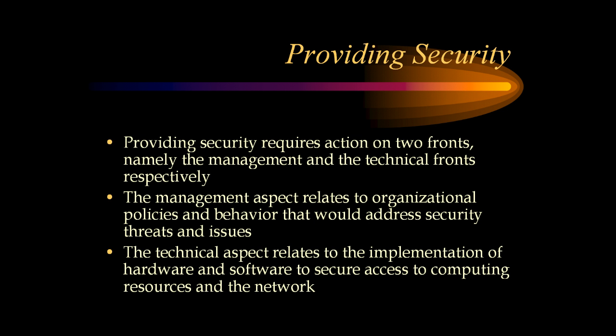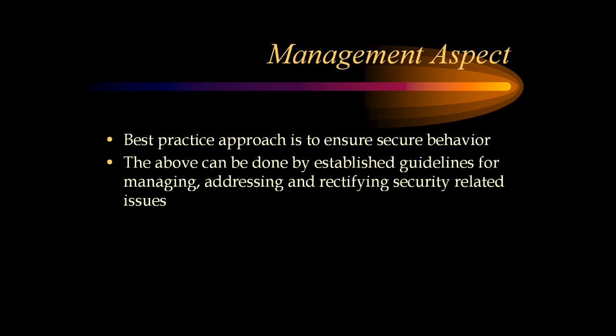Providing security requires actions on two fronts, both the management and the technical fronts respectively. The management aspect relates to organizational policies and behavior, and the technical aspect relates to the implementation of hardware and software to secure access to computing resources in the network.